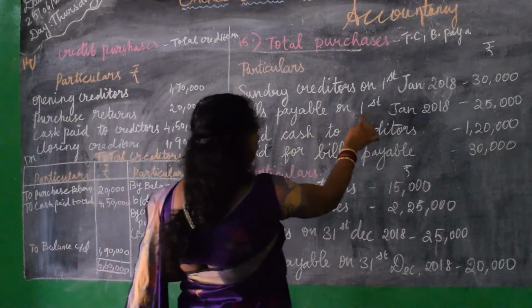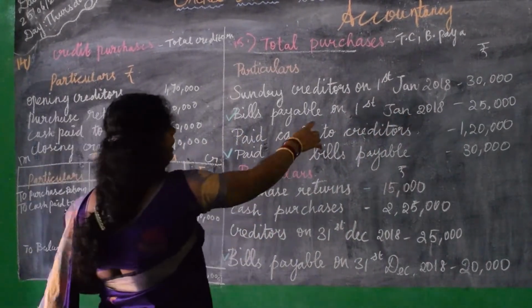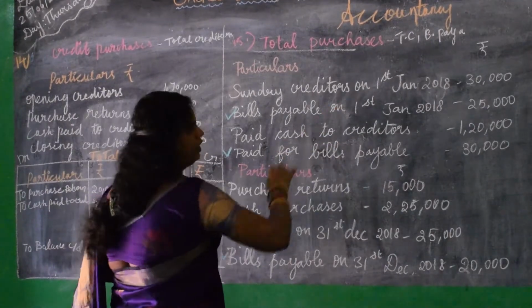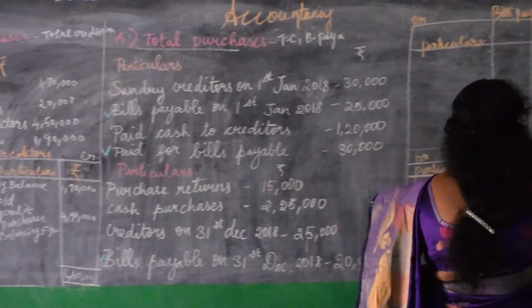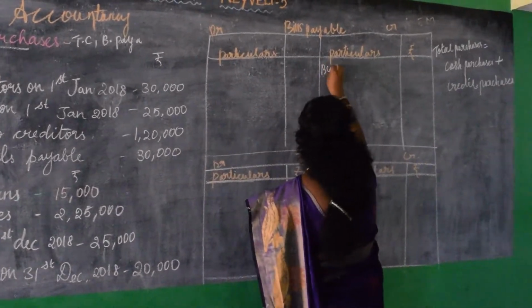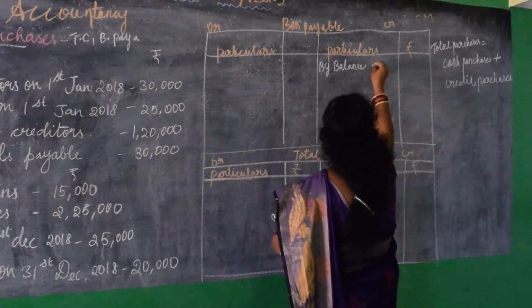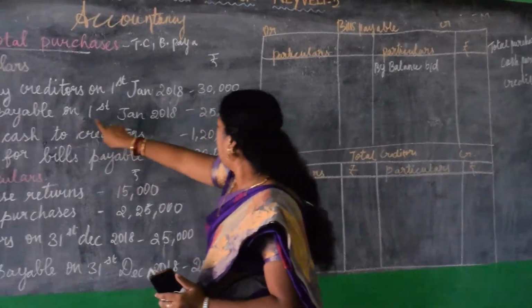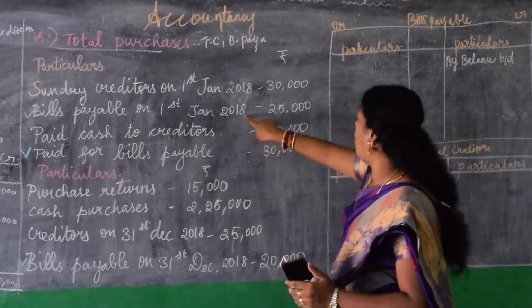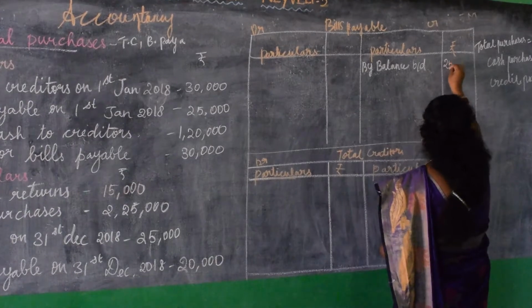Bills payable on 1st January. This is now called the opening balance. Where are you going to write the opening balance? We are going to write the opening balance on the credit side, by balance b/d. What is the amount? Clearly note the values. Bills payable on 1st January 2018 is 25,000.